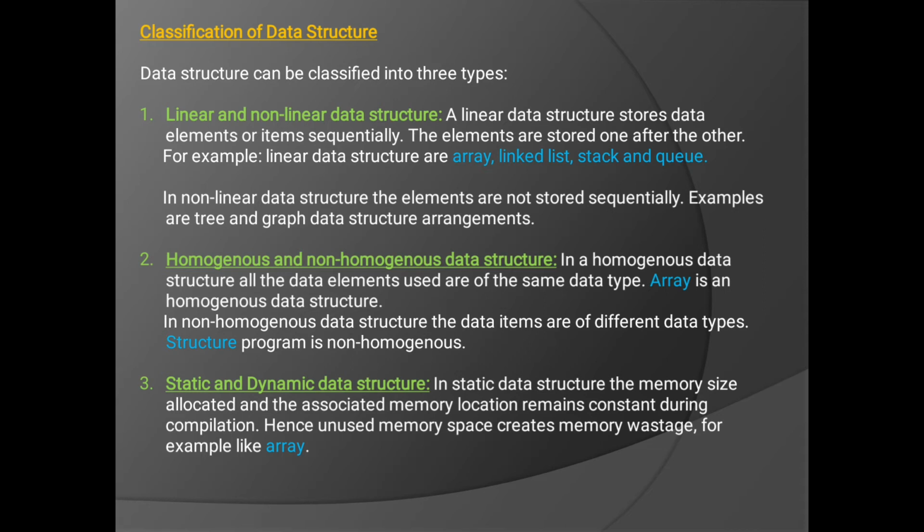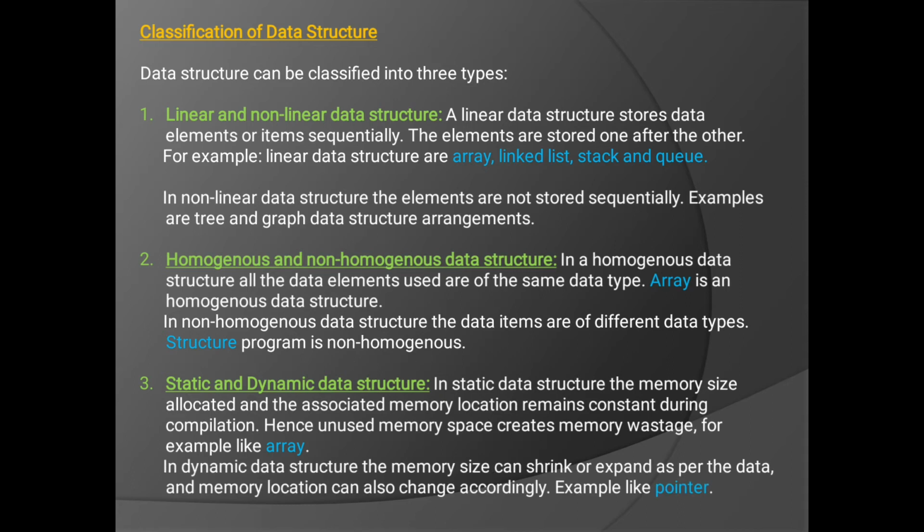It depends on the data that is entered by the user, and the memory location remains constant. The memory locations are also stored sequentially. Hence the unused memory space creates memory wastage. An example is an array.